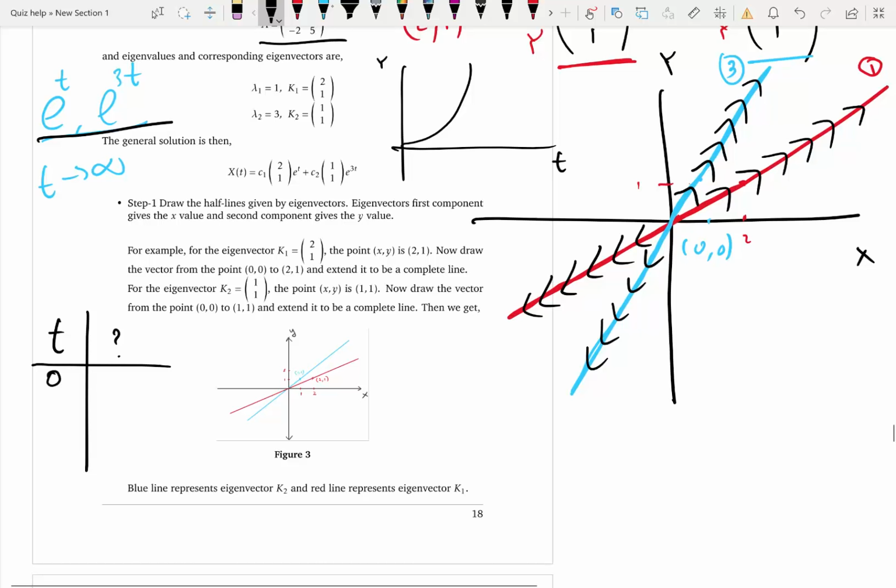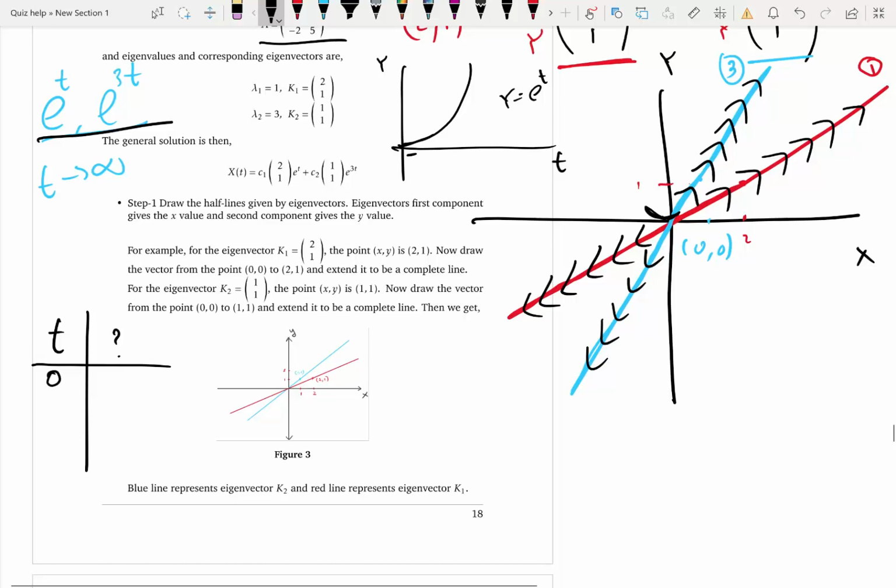So where do your solutions start? They start closer to (0, 0). This is super important. In the beginning of the time, the solution will start near (0, 0), because e^t and e^(3t) are still small. And later, when time goes to infinity, they will grow extremely large.